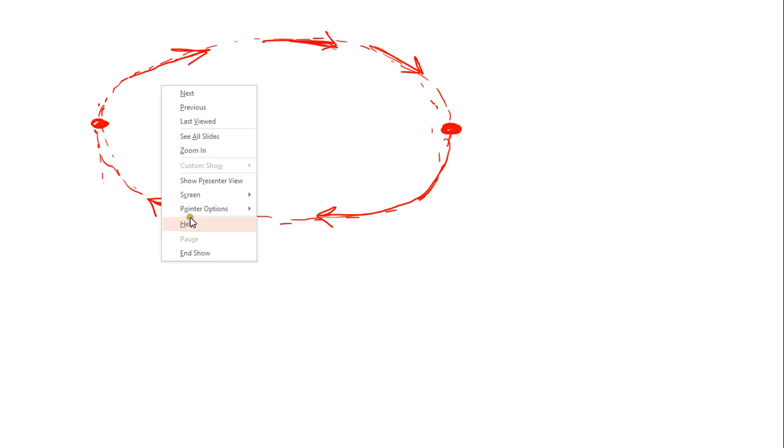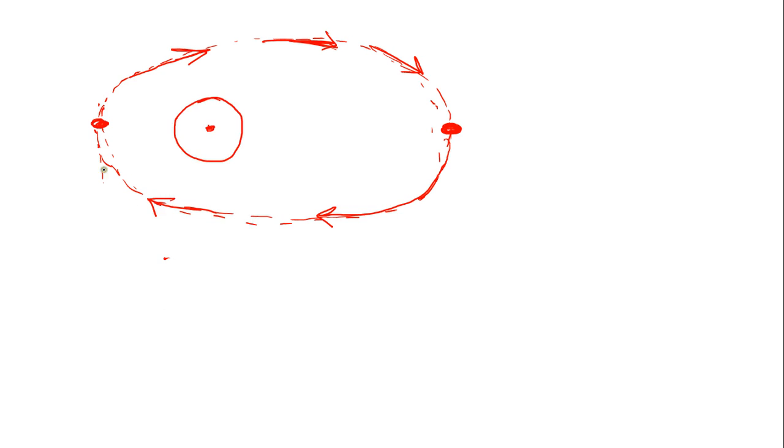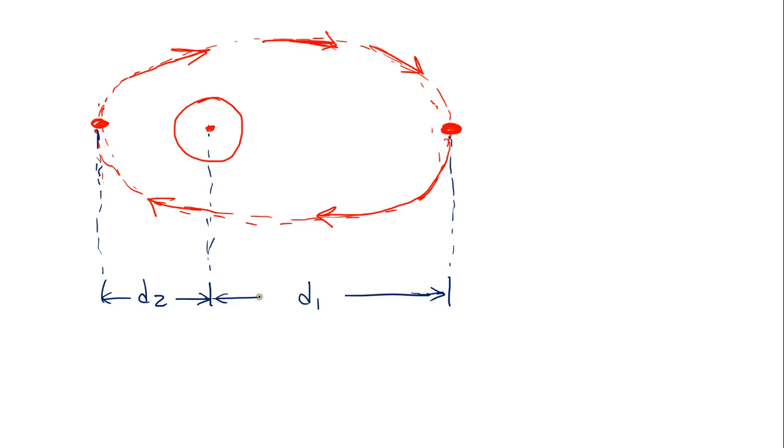So basically, in the image in the book, they call this D2, and they call this D1.